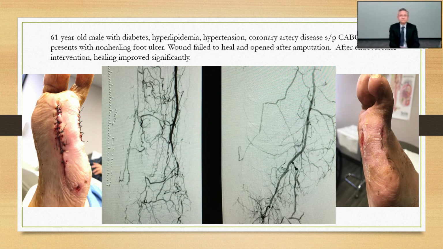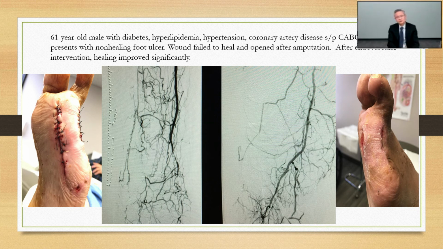And this is a patient at our institution here. This gentleman is 61 years old with multiple risk factors, including diabetes, hyperlipidemia, hypertension, and he did have coronary artery disease. He actually had bypass surgery because of the severe coronary artery disease. So he had this critical limb ischemia, and he had to have partial foot amputation.